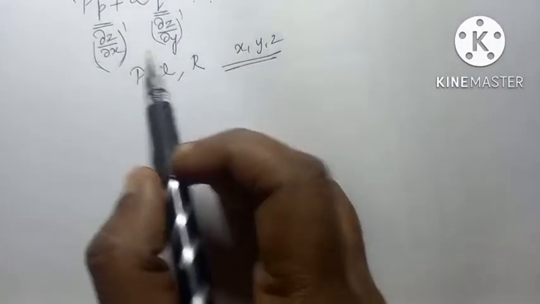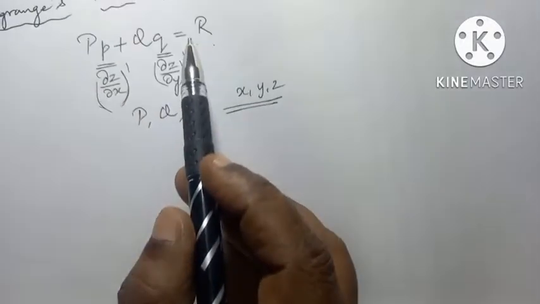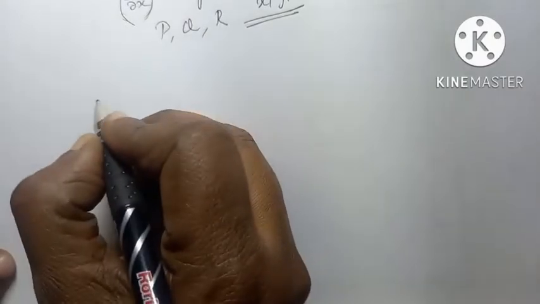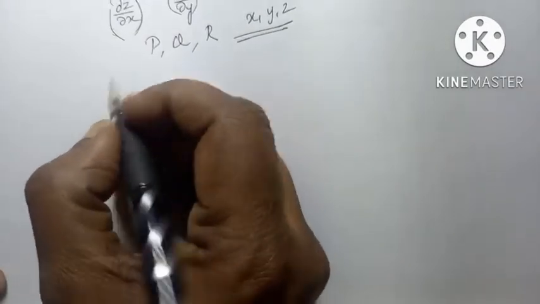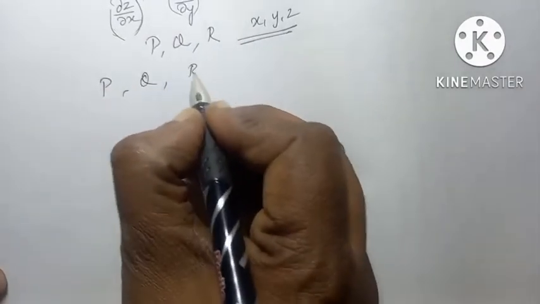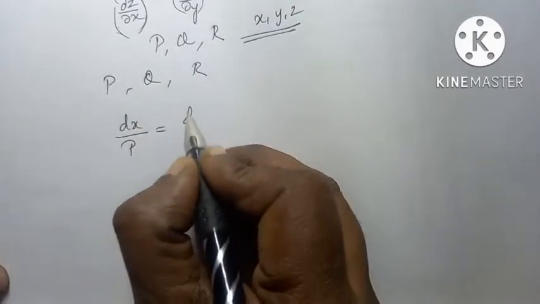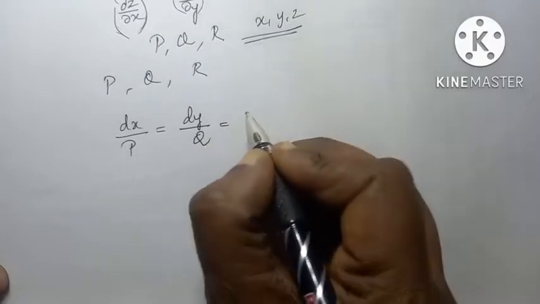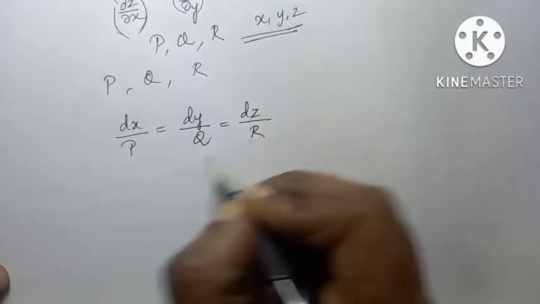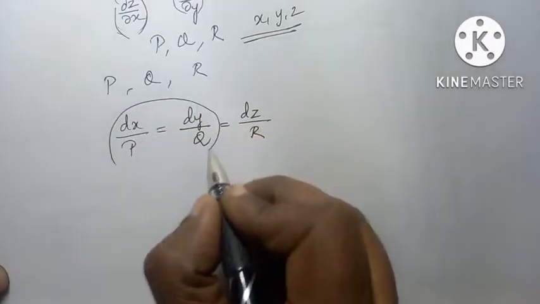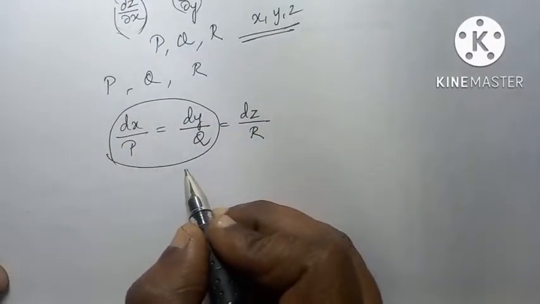So we shall see the working rule to solve this Pp plus Qq equal to R equation. First we find what P, Q, R are. Next we write dx by P is equal to dy by Q is equal to dz by R. So there are many equations here, right? If you take these two ratios, this is the first equation.